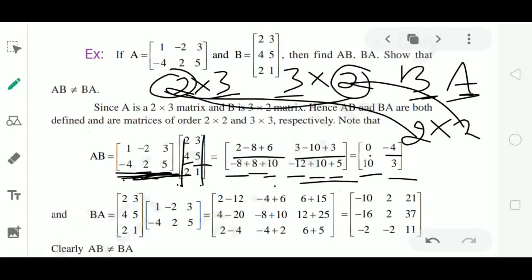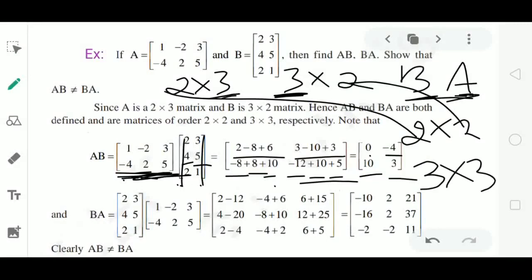As they are equal, we can define BA. Then this product BA will be a matrix of order number of rows of B into number of columns of A. Here the number of rows of B is 3 and the number of columns of A is 3. BA will be a matrix of order 3 by 3.